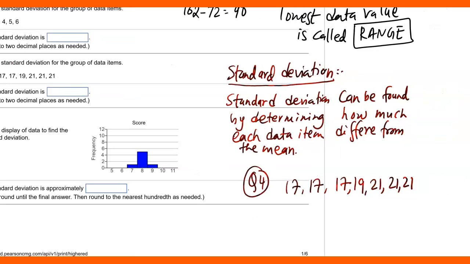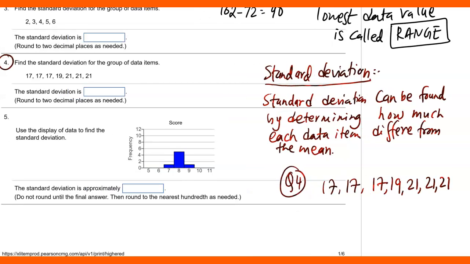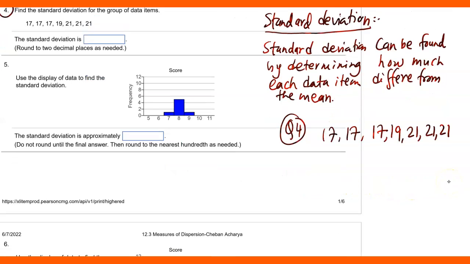How many data? 1, 2, 3, 4, 5, 6, 7. Therefore n equals 7, because the number of data items is 7.